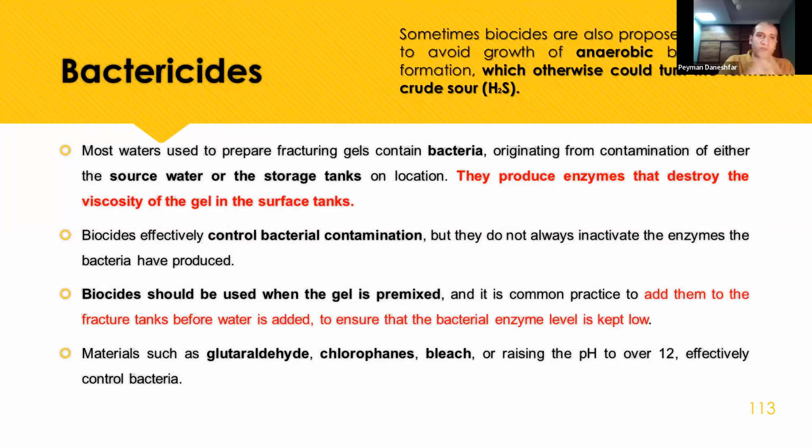So when we want to solve this problem, we should use some bactericide additive. Biocides should be used when the gel is premixed, before the mixing. Materials such as glutaraldehyde and chlorophene, bleach, or raising the pH over 12 effectively control the bacteria.